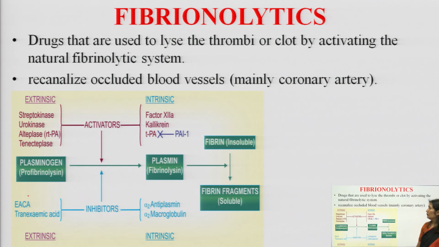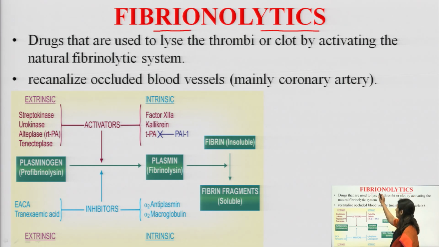So, first we will start with fibrinolytics. As it is clear, lysis of fibrin. In the previous lecture, we have seen how clotting occurs and how fibrin threads are formed. So, this fibrin is the clot.